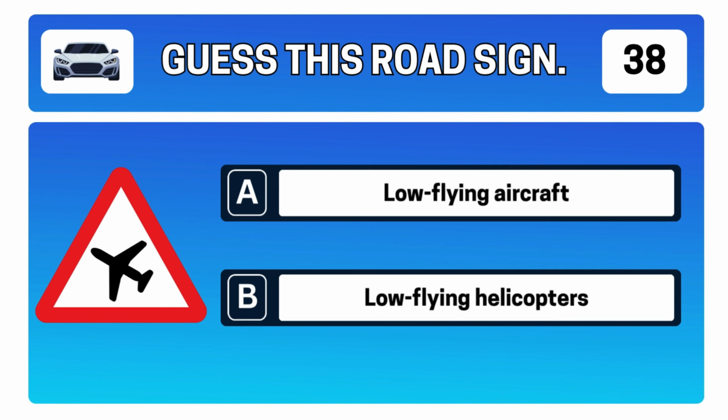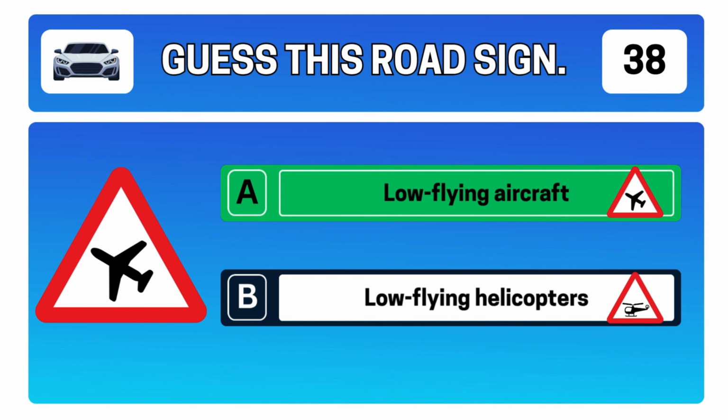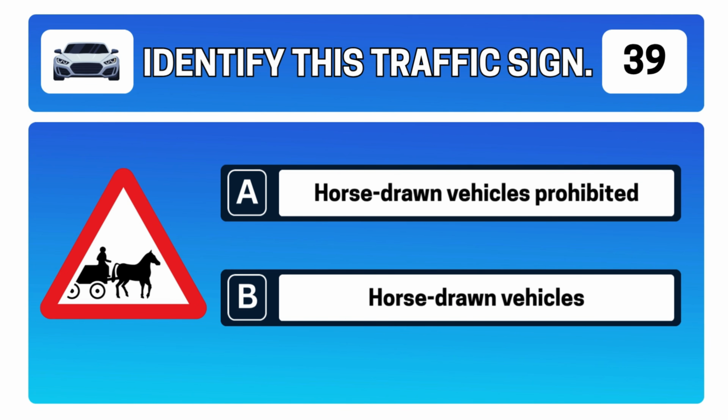Guess this road sign. A. Low-flying aircraft. B. Low-flying helicopters. Good catch! It is the low-flying aircraft sign. Identify this road sign. A. Horse-drawn vehicles prohibited. B. Horse-drawn vehicles.